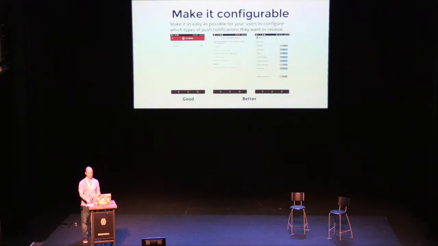A better way of doing it is something like Slack or NHL Game Center, where I can really get in there and have a wide breadth of options. So I can say, yeah, I want to know about all of these things. Also, when I talked earlier about having your own UI, if you're on an Android application, you may want to give a person a dialogue to tell them how to turn push notifications on and off, and give them the option to go to the settings page that you're going to provide, so that they get to know this immediately.